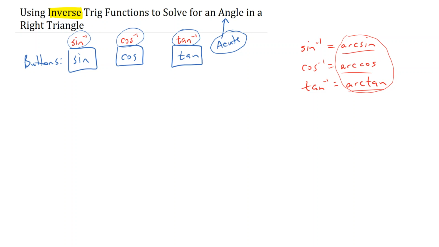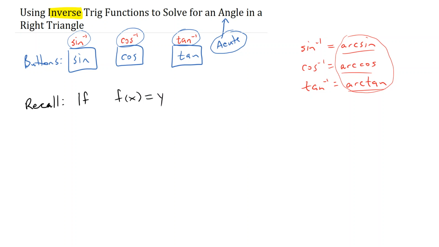Now, you'll need your calculator button, and we'll talk about mode in a second, but let's recall inverse functions, right? So if we talk about regular function notation, if f of x equals y, very often we think about f of x as being a y value, okay?